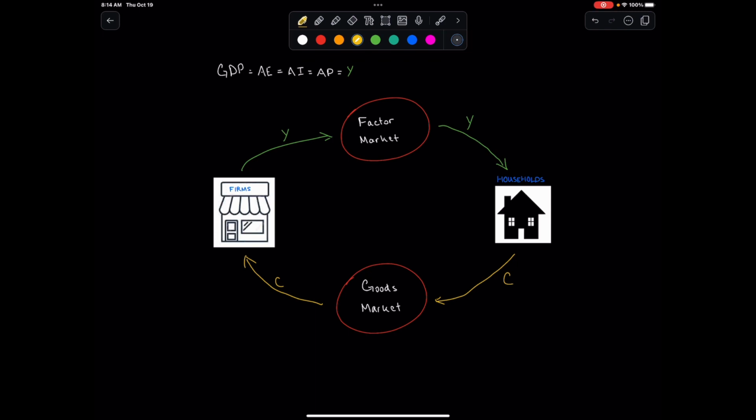So let's also think about firms. If I'm Nike, for example, and I'd like to expand my business, I might buy some fancy computers for my graphic designers, or maybe buy some better shoe presses or things like that. What that's called is investment.